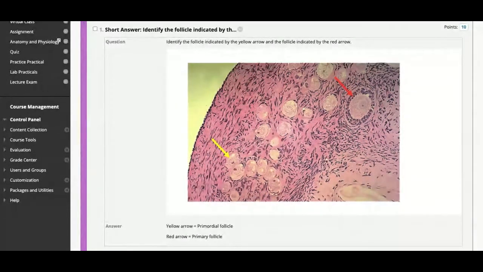Okay, the first question, identify the follicle indicated by yellow arrow. Yellow arrow shows the primordial follicle, and the follicle with the red arrow is the primary follicle, which is multilaminar.